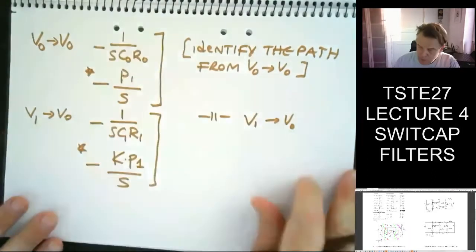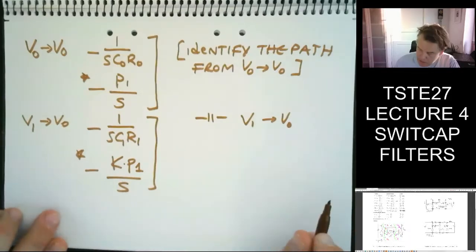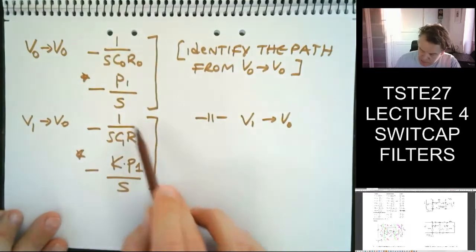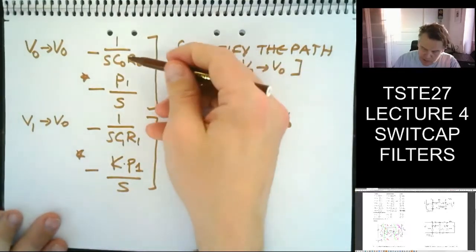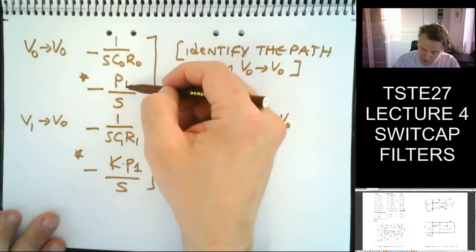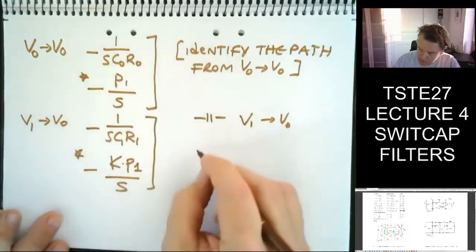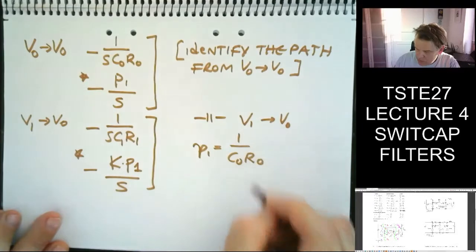But going through this will help you understand what we're doing in the next hour. So obviously we can just identify part by part here. So these two should be equal. So I get one equation saying that this should be equal to that. Obviously the minuses disappear, the 1 over S disappears. So P1 is equal to 1 over C0 R0.